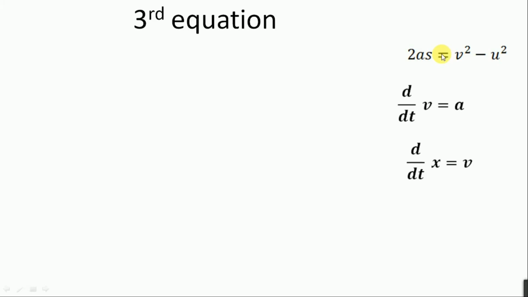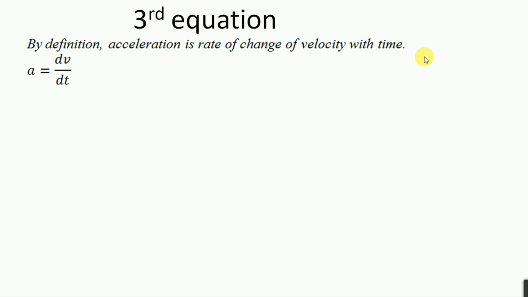Now we'll derive the third equation, because the first and third equations are somewhat similar. Again I have acceleration and velocity, so I'll use the formula for acceleration, and we have displacement also, so in between we'll put the displacement. By definition acceleration is the rate of change of velocity, a is equal to dv upon dt.